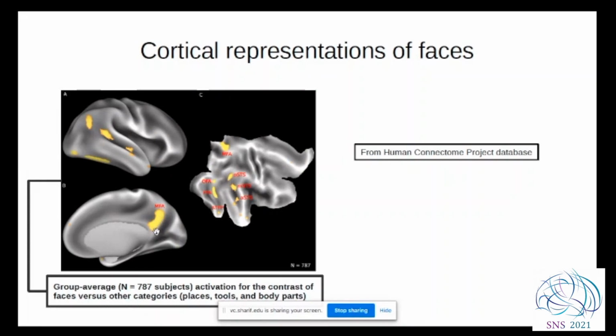The PCC region in humans is more generally involved in semantic processing, extracting information from memory, and representing contextual associations. It's possible that humans have more contextual associations and richer semantic representations, and that's why we get some activations in PCC, but in monkeys we don't.